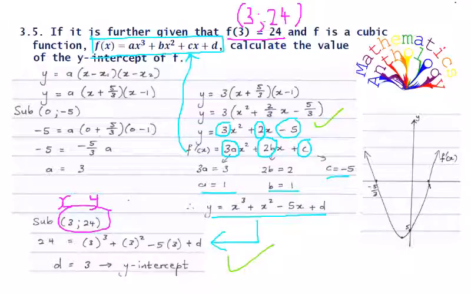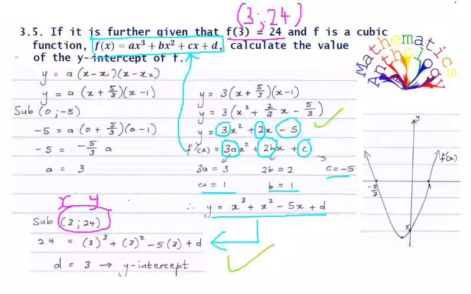All I need to do now is substitute a point that lies on the cubic function. Then I can solve for d. They gave me here that the point f at 3 is equal to 24, and that lies on the cubic function. So the coordinate there is 3 and 24.